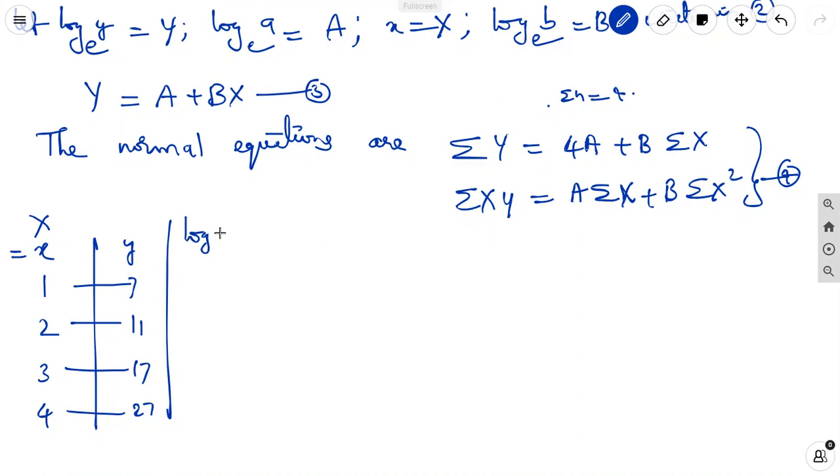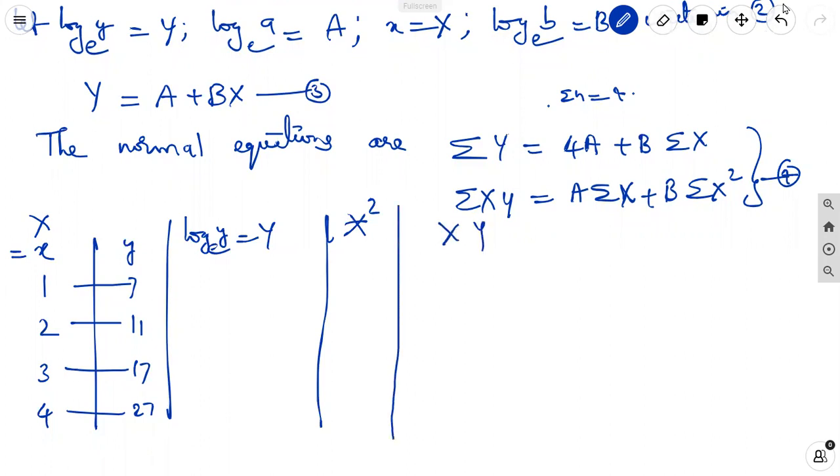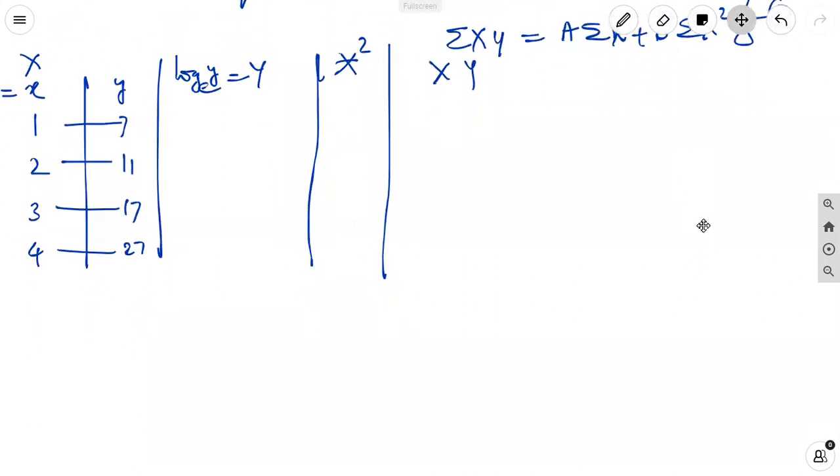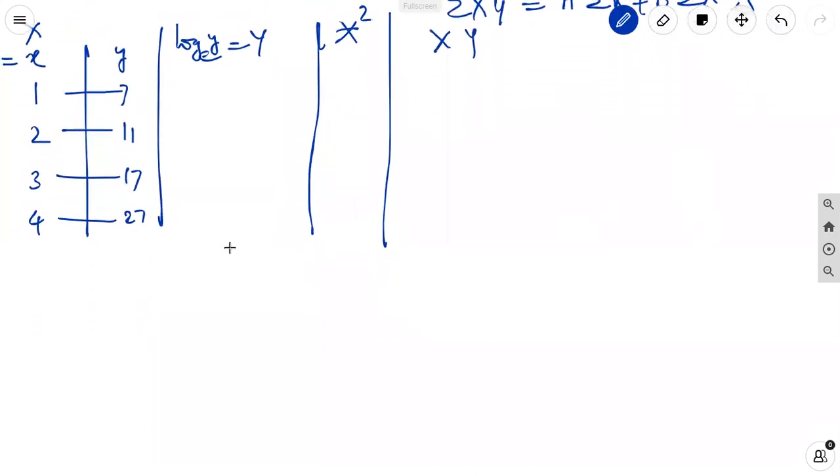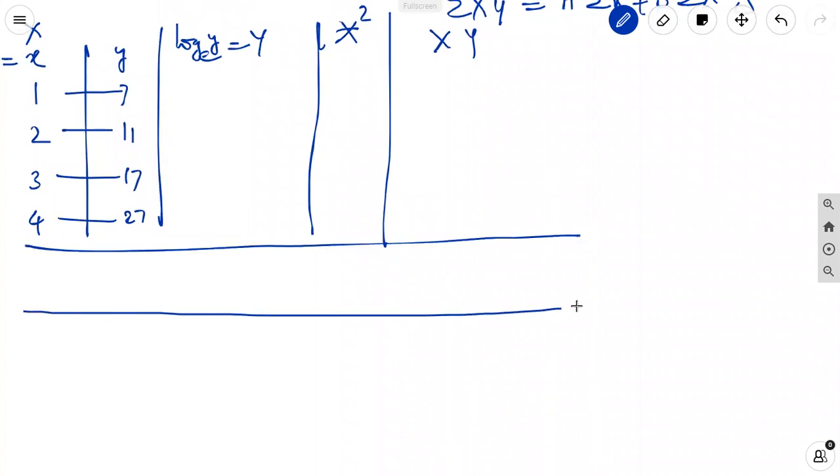Next, log y base e equal to capital Y. And next we take the values of sigma Y, sigma X, X square, and XY. Sigma X value is 10.